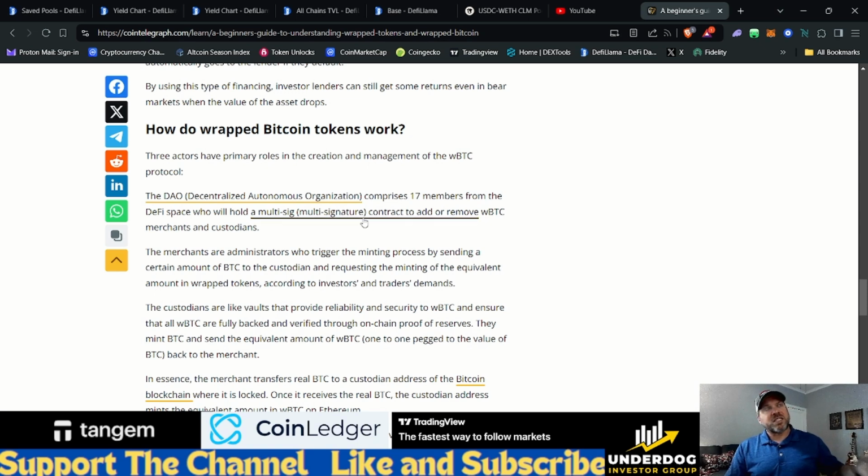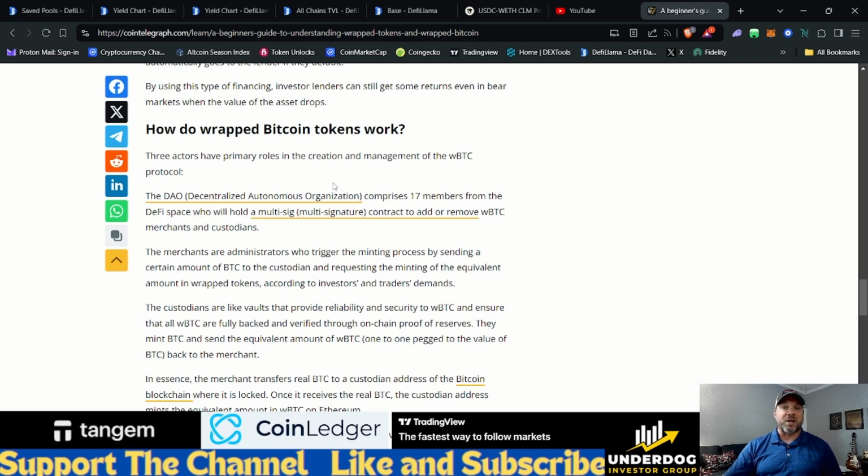And when you deposit your Bitcoin into their contract, you get a wrapped token back. And then that Wrapped Bitcoin can be exchanged for the Bitcoin at a later date. That Wrapped Bitcoin can be used in lending protocols. It can be used to borrow other assets. You can provide liquidity. There are so many different things you can do within the DeFi space, but this would be impossible to do with your Bitcoin, but can be done once it's wrapped.